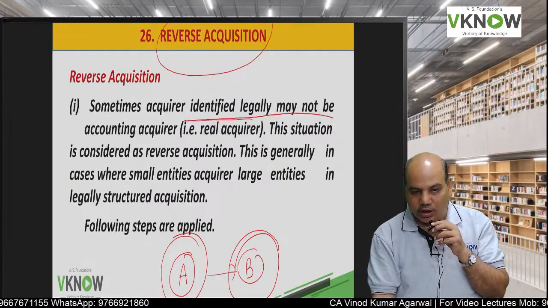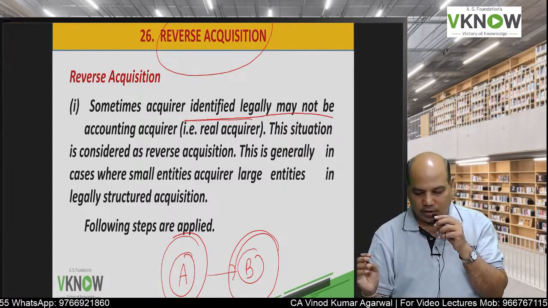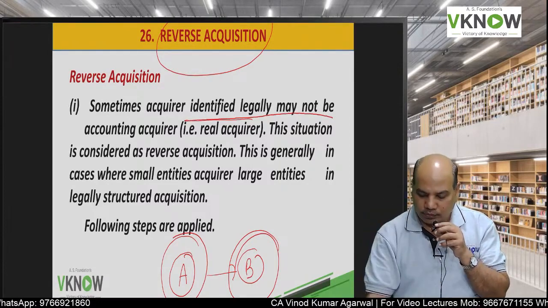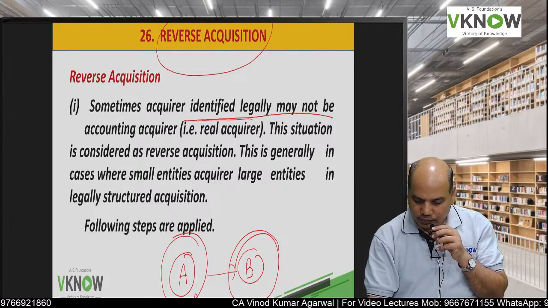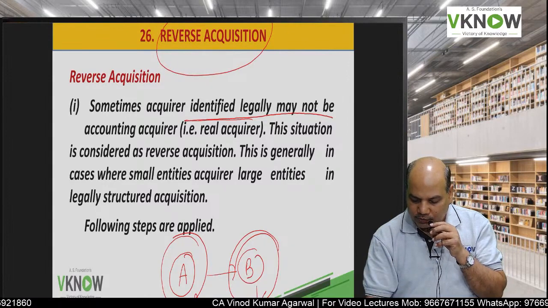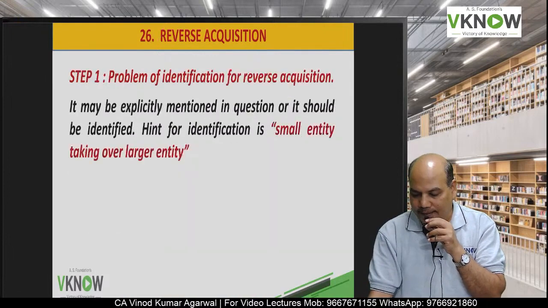So legal acquirer and accounting acquirer will be different. In the eyes of law, A is the acquirer, the legal acquirer. But for accounting purpose, B is the acquirer, whom we will call the accounting acquirer.